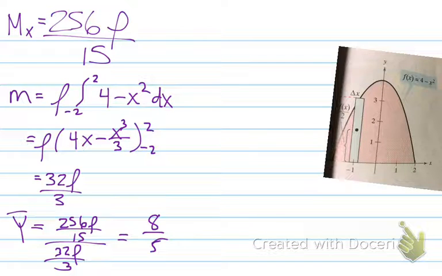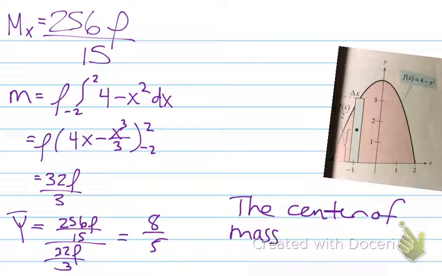So that means that the center of mass is at 0, 8/5. So about 0, maybe, let's see, that's about 1.5, a little bit more than 1.5. So it's about right here.